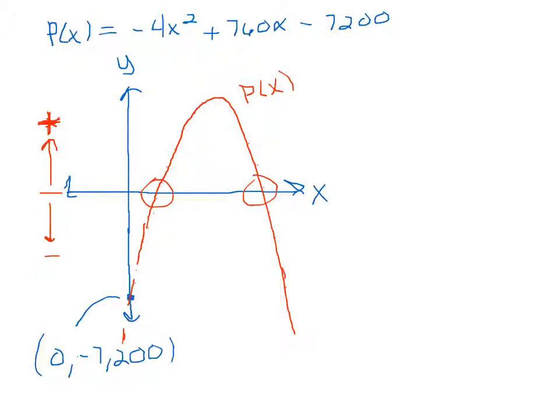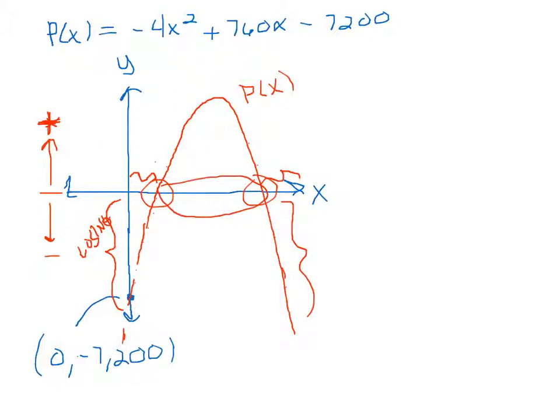So really what we're looking for are the intervals where our graph is losing, and we want to find out over what interval of x this is taking place. On the flip side, we also want to find out for what values of x this is making profit.